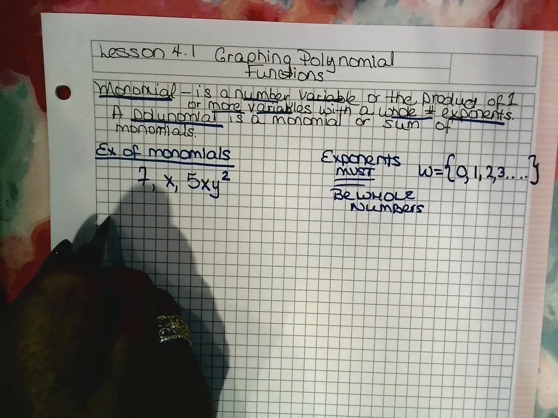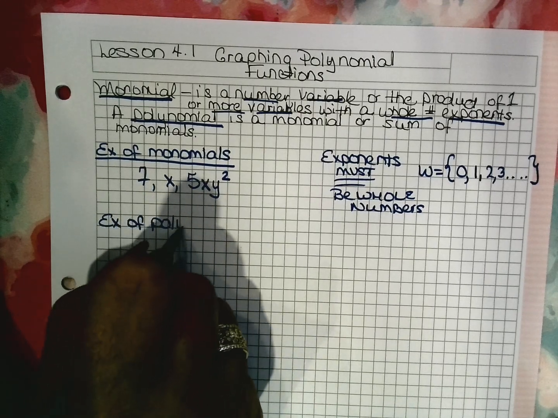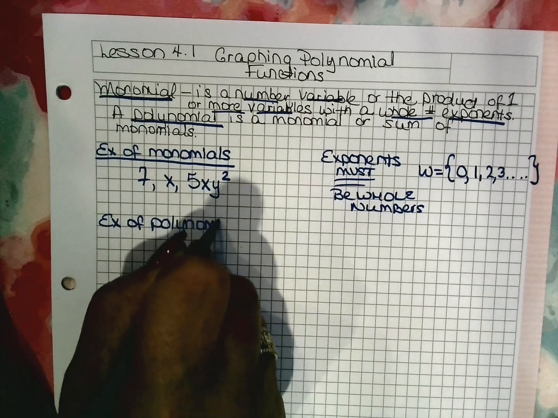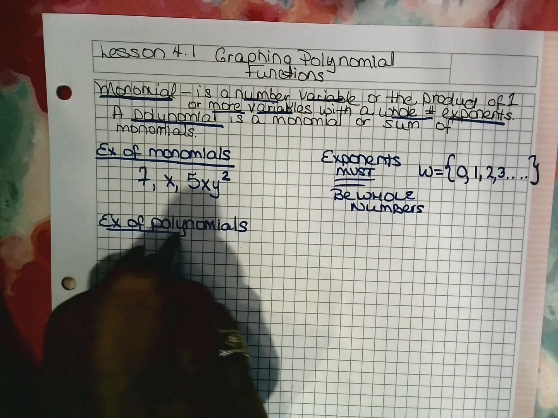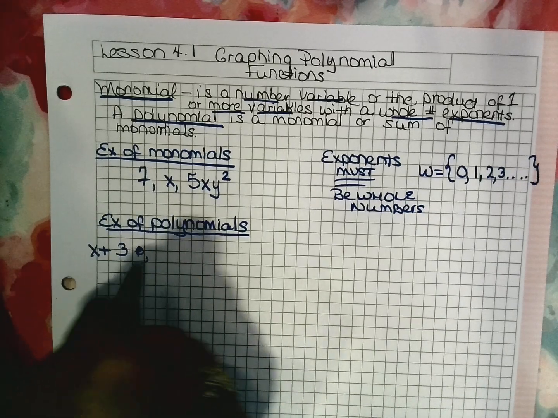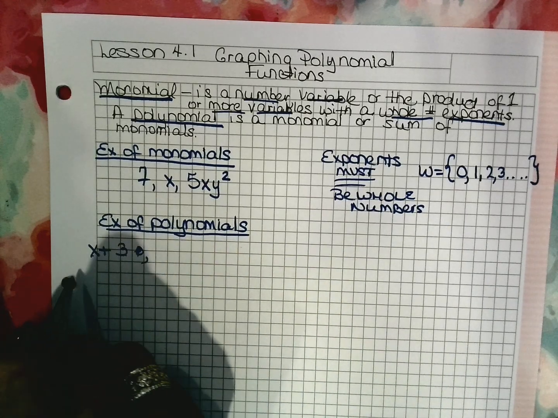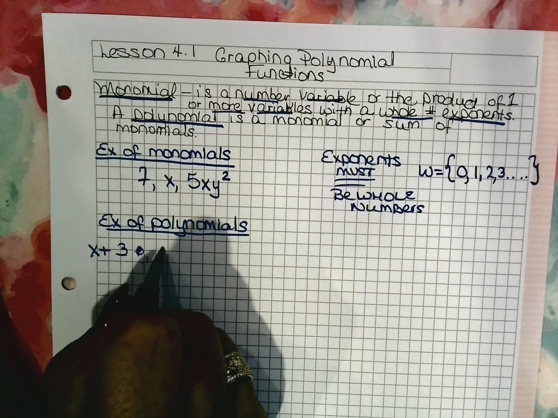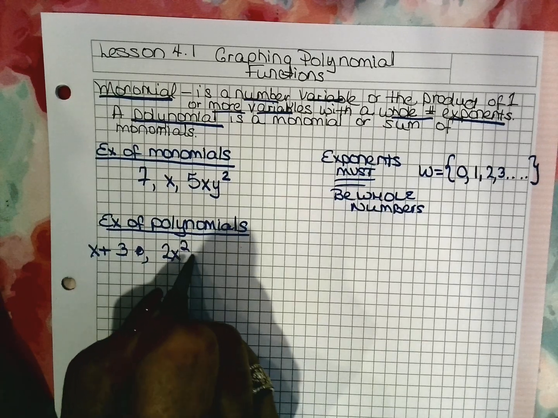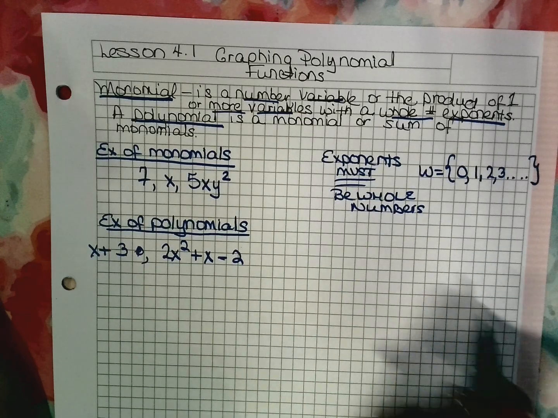So for example, examples of polynomials. You could have 3x plus 3, for example. That's a polynomial. It has two monomials, right? Something like 2x squared plus x minus 2. That's a polynomial.